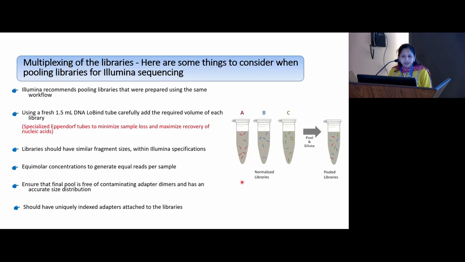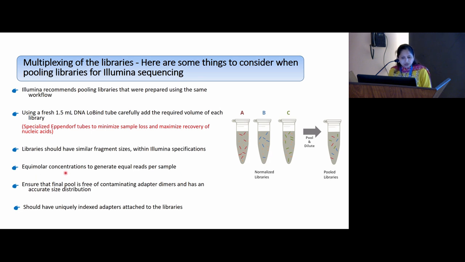So before multiplexing the libraries, here are some things that you need to consider for Illumina sequencing. Illumina recommends pooling of the libraries that were prepared using the same workflow. You need to use 1.5 ml DNA low bind tubes and carefully add the required amount of the library. 1.5 ml low bind tubes are specialized tubes that are designed to minimize sample loss and maximize the recovery of the nucleic acids. Then also libraries should have a similar fragment size that should fall within Illumina specifications.